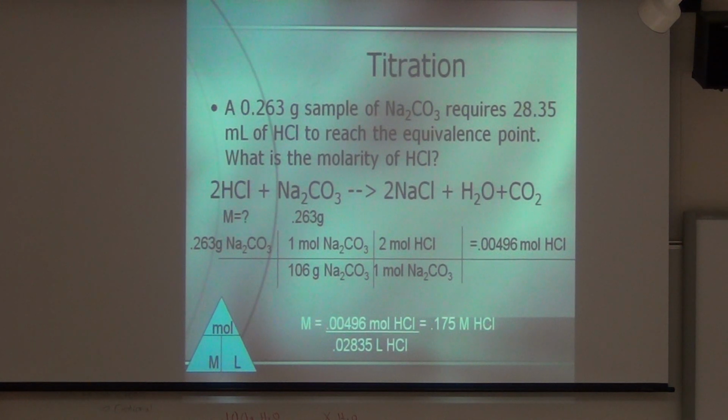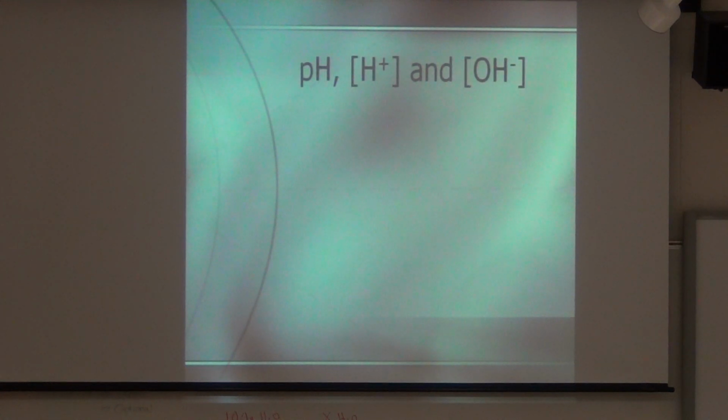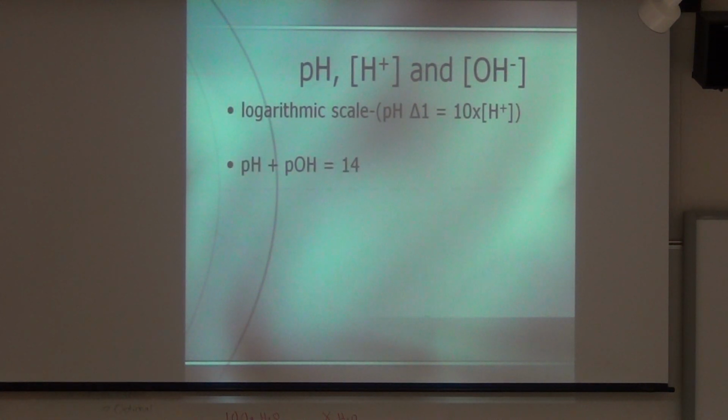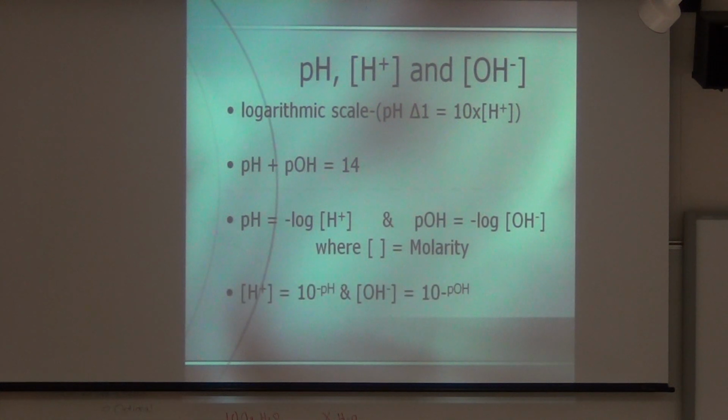All right, the only thing we have left is a little bit about pH calculations and pH equations. These equations are the same equations that you have in the upper right-hand corner of your review sheet. Those are going to be provided for you on Friday. This is really not an equation, but just a little reminder that the pH scale is a logarithmic scale.